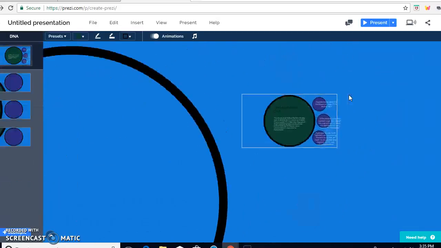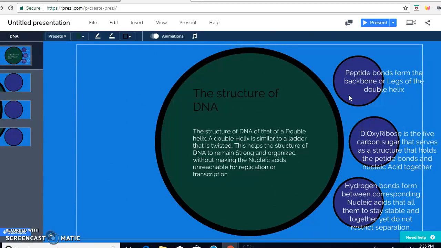Now, the structure of a DNA is, of course, the double helix, as we just said. And a double helix is basically, if you think of a ladder and you were to twist that ladder, then you would have the structure of a double helix. Now, the internal rungs would be your nucleic acids, and they're held together by hydrogen bonds.